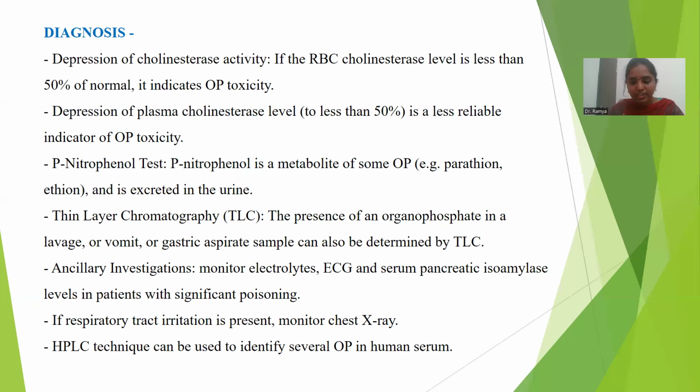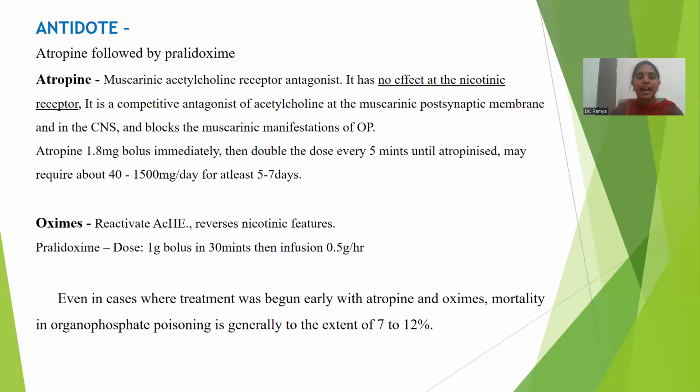What is the treatment required for that patient? Next, we'll go for the antidote. For many toxic compounds, there will be an antidote. Here for organophosphate, the antidote is atropine, followed by pralidoxime. You have to remember that atropine shows effects on the muscarinic receptor, whereas it does not show any effect on the nicotinic receptor.